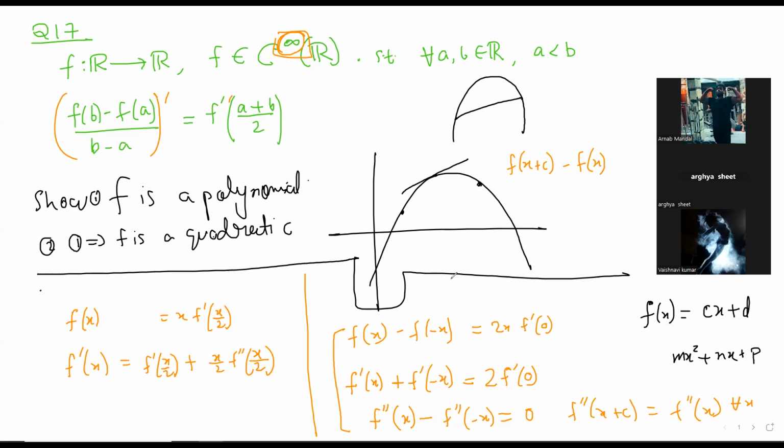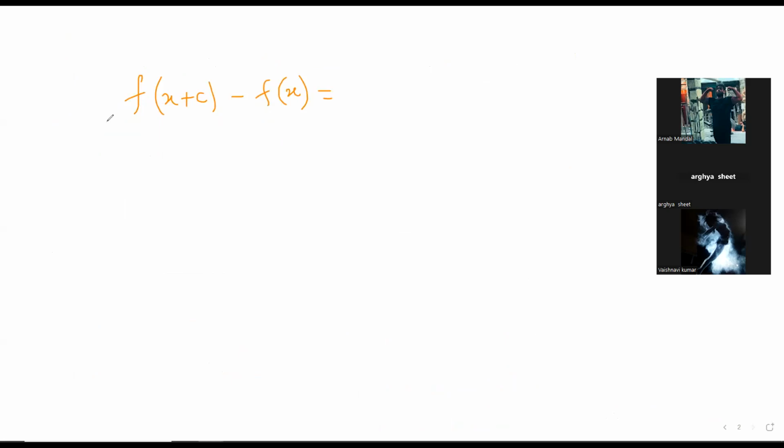Maybe if you see this from the Taylor's theorem angle, then also maybe you can get it fast, because you can use the infinite differentiability. I don't know. That's what I thought first.